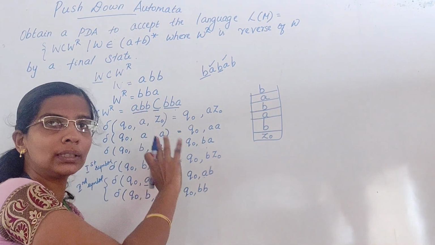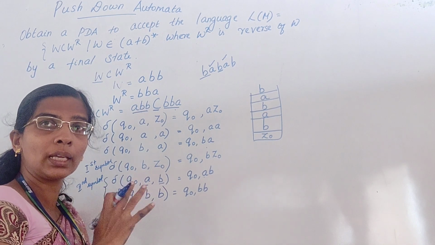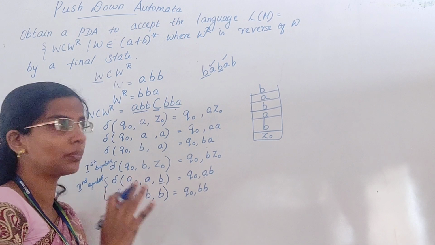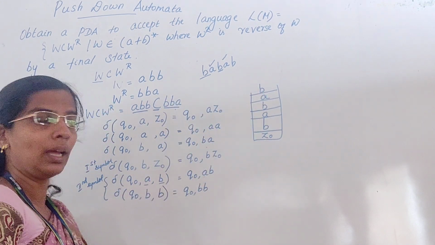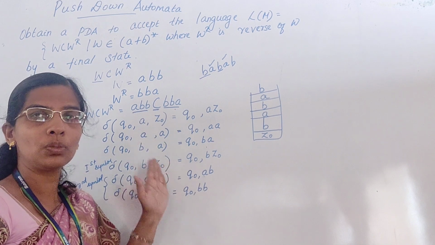So using these 6 transitions, I can push any number of input symbols into my stack. Let it be like this. Now my W is over.